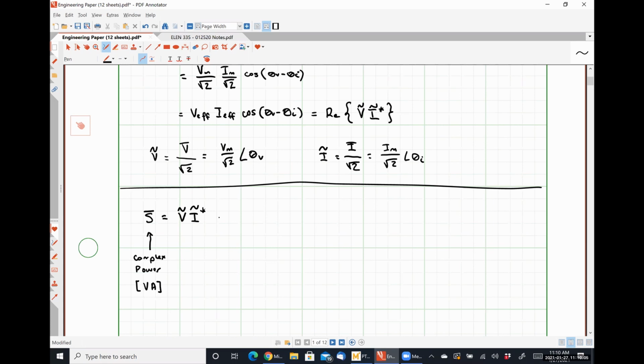We can represent this mathematical operation as a rectangular form or a polar form representation. So let's start with a polar form representation. We would have S with an angle of theta S, where S without a bar over it is what's known as the apparent power.